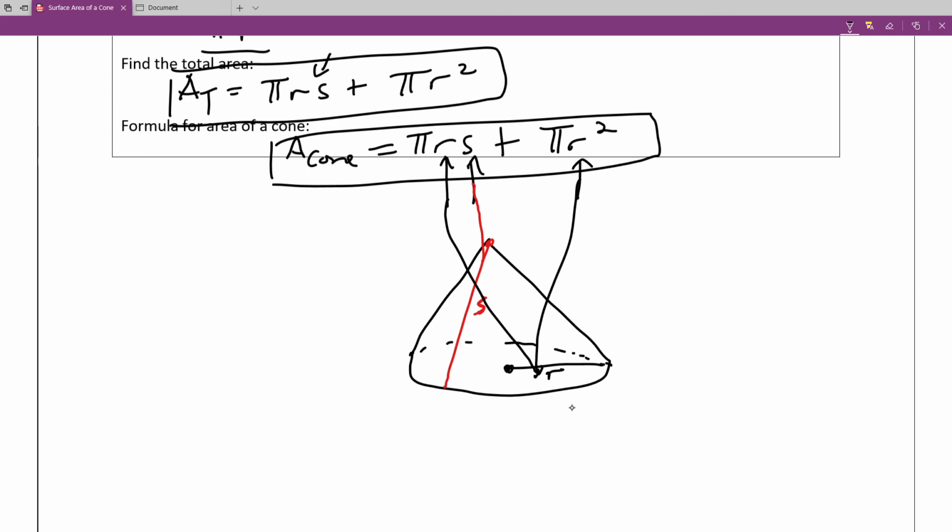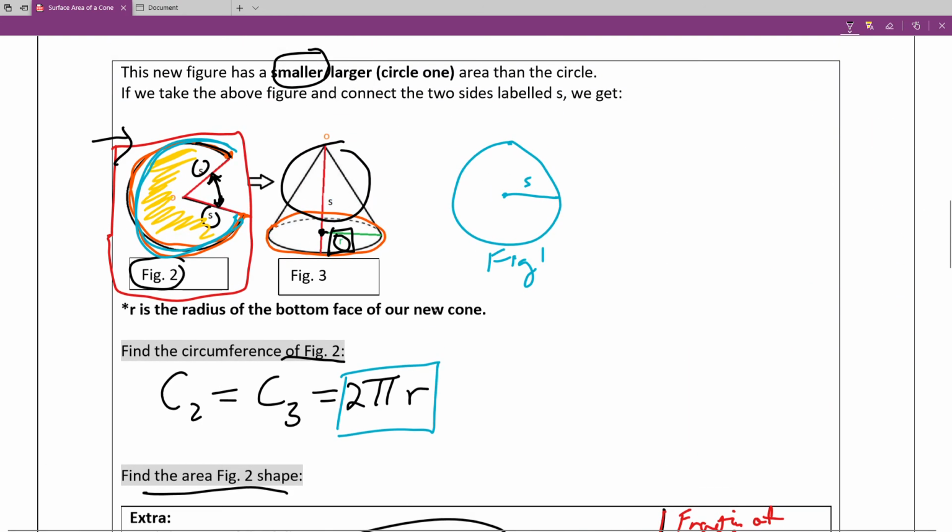So let me explain why this was a slant height again. If we look up here, remember we took the Pac-Man-like figure and joined the edges, which made this cone. When you join the edges, you realize this red line right here is the joined edges, and it is the slant height of the cone. So let's take a look at the video.